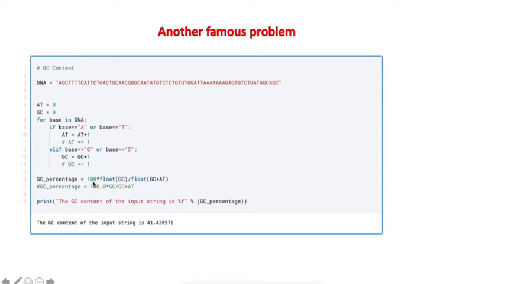Then it calculates the percentage by dividing the count of GC by the total count. Here we can see that for the DNA string, the GC content of the input string is 41%. So you could do this sort of analysis very easily, and it could help you in the further downstream processes of whatever you're trying to do.